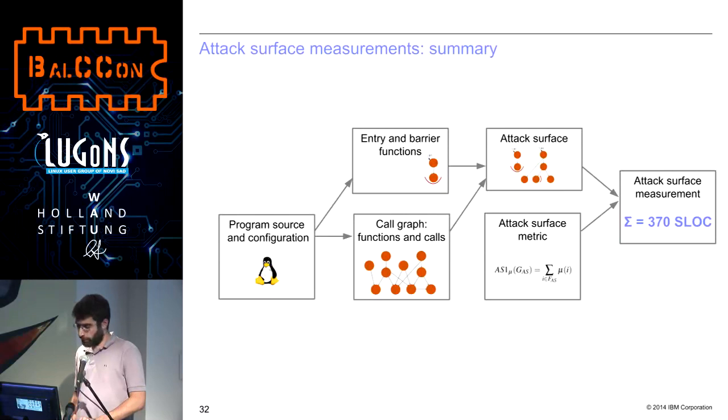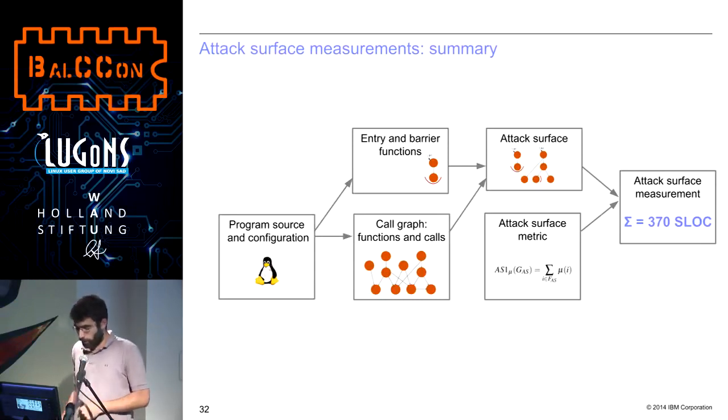From there, we derive entry and barrier functions, and we also derive a call graph, so functions and calls between functions. With these two, we can create a subgraph, which we call the attack surface, and by picking a nice metric, we can obtain a measurement that we can use later on for comparing different approaches and measuring the attack surface.